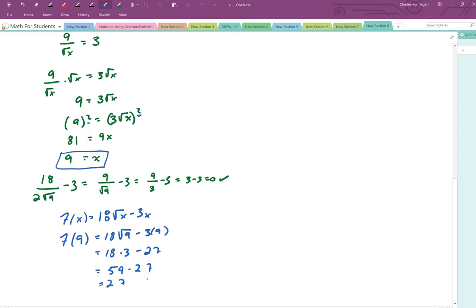So the point on this curve where we have a horizontal tangent line is the ordered pair 9, 27.